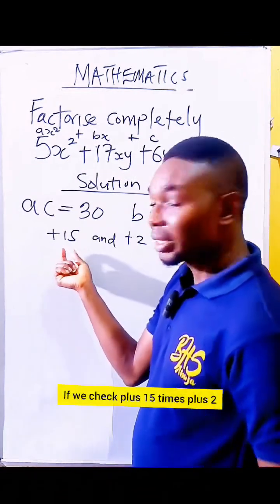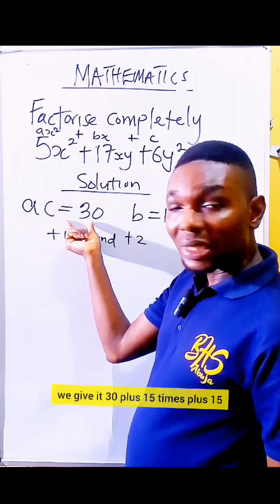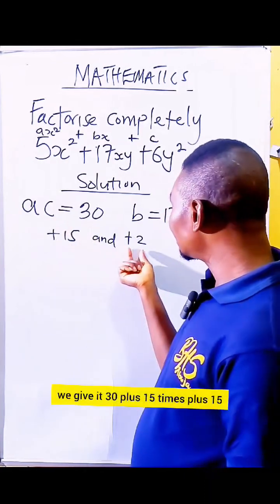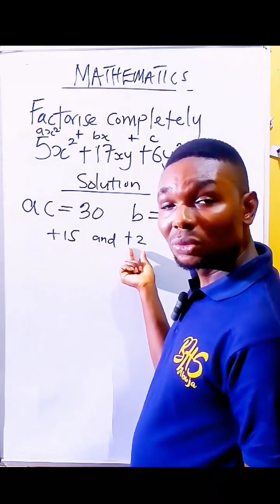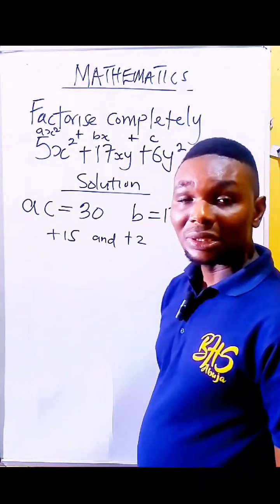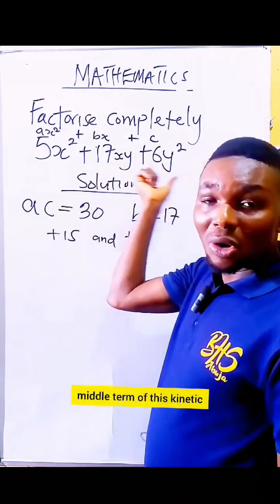If we check, plus 15 times plus 2 will give you 30, and plus 15 plus 2 is equal to 17.